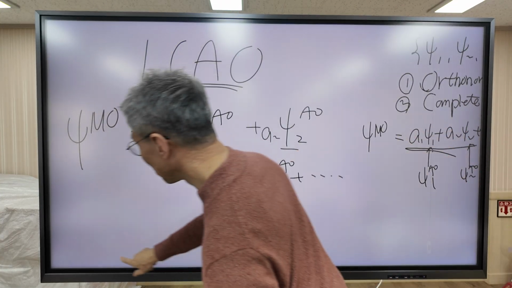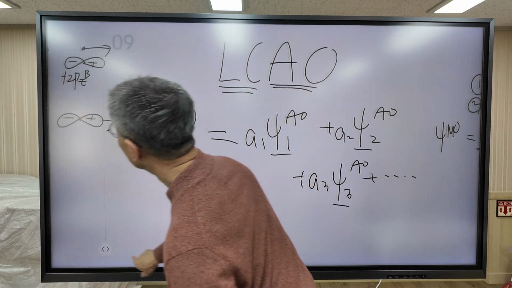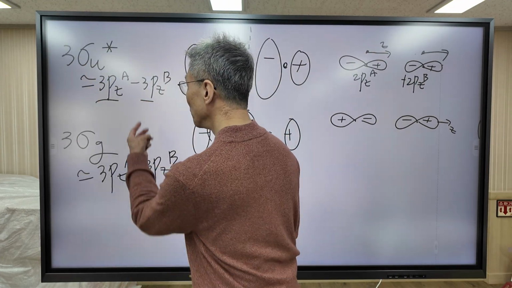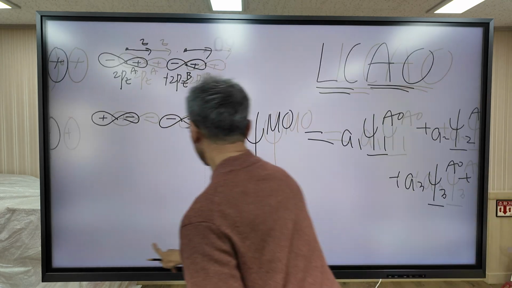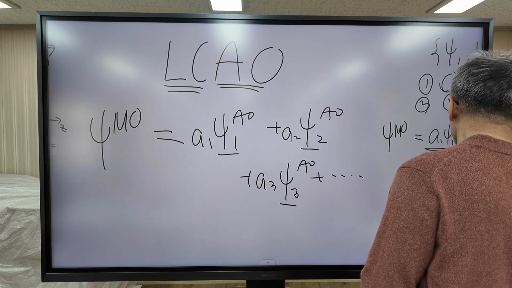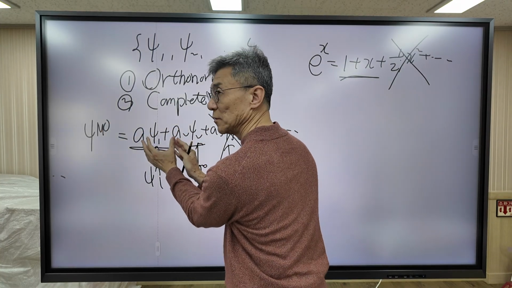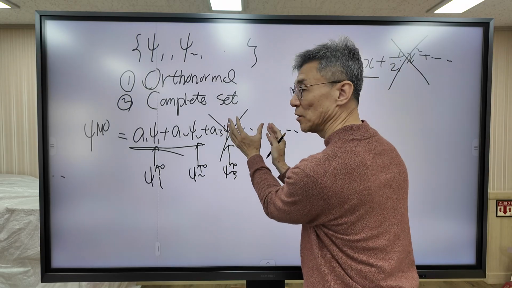As I said, to construct the 3 sigma orbital, we only use two terms, right? Similarly, you can use only two terms in other cases. But sometimes we need to add more terms.